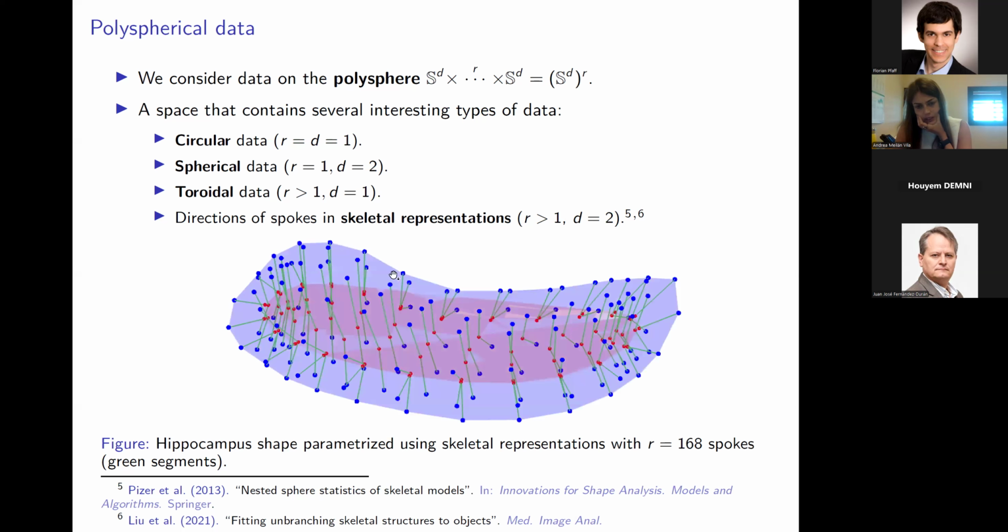We also have these boundary points, these blue points. We also have these spokes, these green radii that join the skeletal points with the boundary points. Each of these radii indicates one direction. So for this case of the hippocampus, we have 168 spokes, each of them indicating one direction.